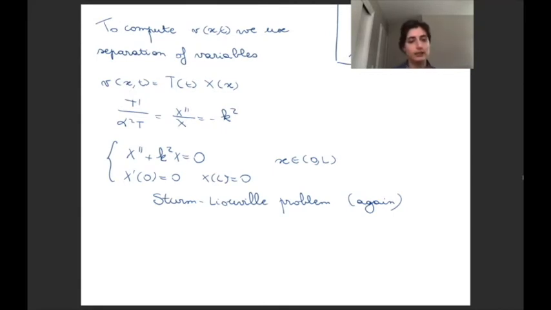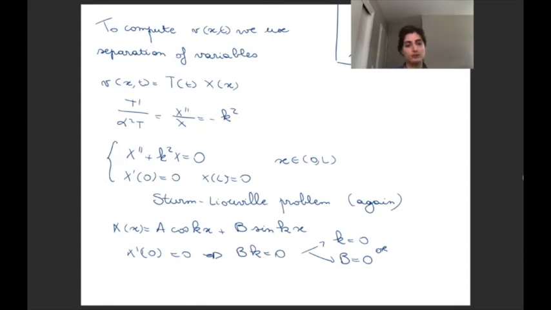And the only difference is now that in the Sturm-Liouville problem, instead of having X at 0 being equal to 0, we have X prime at 0 equal to 0. Notice that it's still a Sturm-Liouville problem on the same interval 0 to L. It has the same format as before, the only difference being what boundary condition we have imposed at 0.